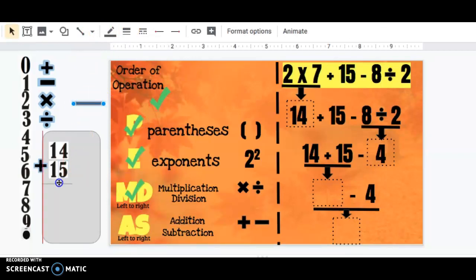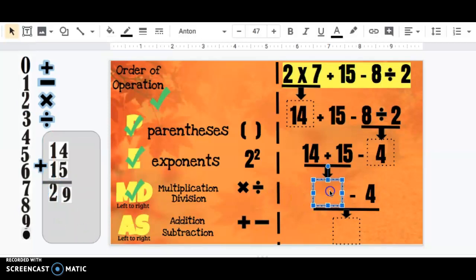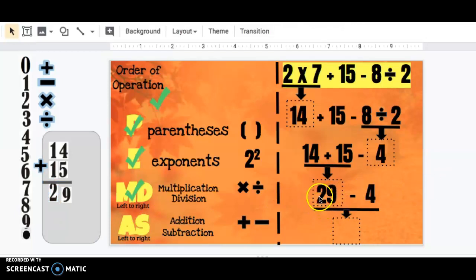That line is drawn. And now I'll begin to add. 4 plus 5, 9. 1 plus 1, 2. So I get 29 as my answer. So in this box, I will put 29. So now my new problem is 29 minus 4. So now I have to do 29 minus 4.